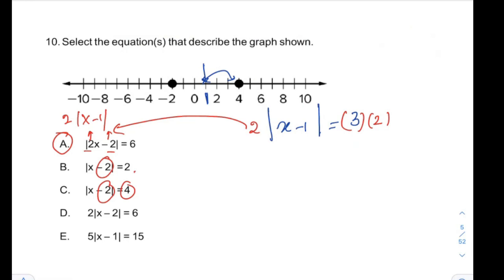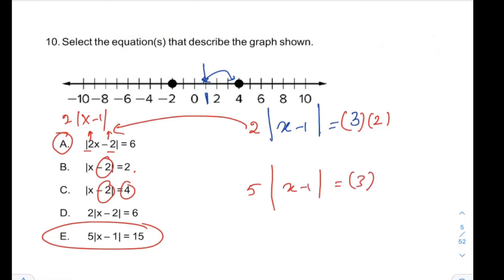For the last one, we have also 5 outside. So if you multiply here by 5, to multiply the 3 by 5, you will obtain also a correct absolute value equation. So we will accept A and E at the same time. Other choice for you, or other option, you can solve it and you can check.